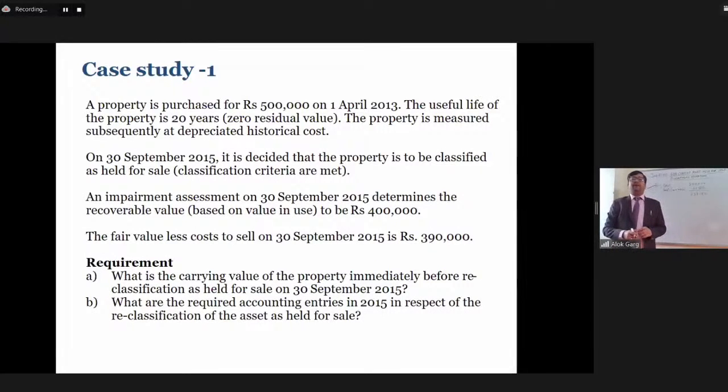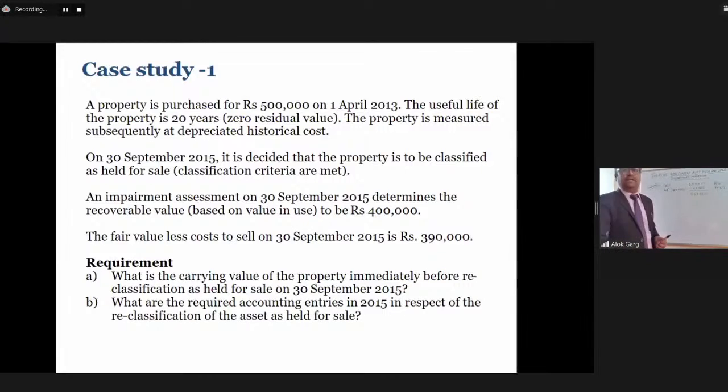On 30th September, an impairment assessment determines the recoverable value based on value in use to be rupees 4 lakh. Two pieces of information are given in this question: the recoverable value is 4 lakh and the fair value less cost to sell is 3,90,000. The question is asking what is the carrying value of the property immediately before reclassification as held for sale, and the required accounting entry for the reclassification.